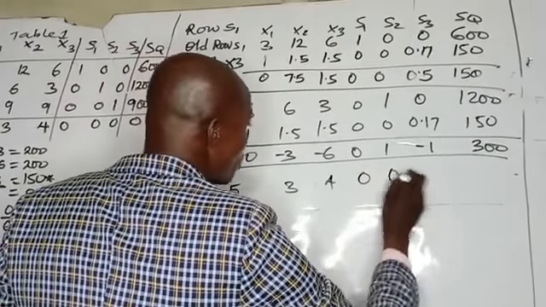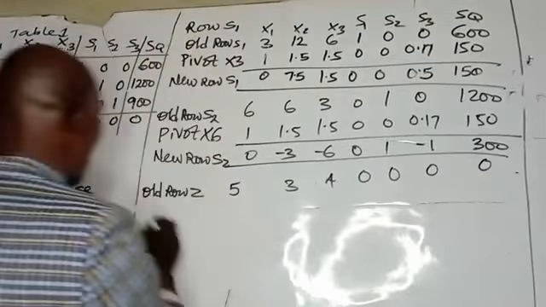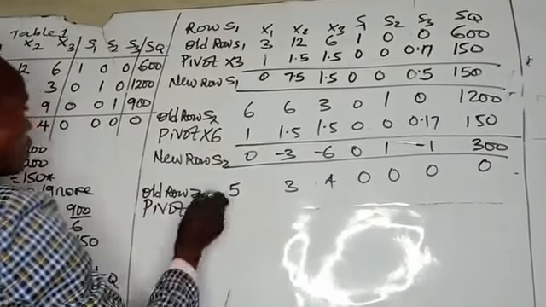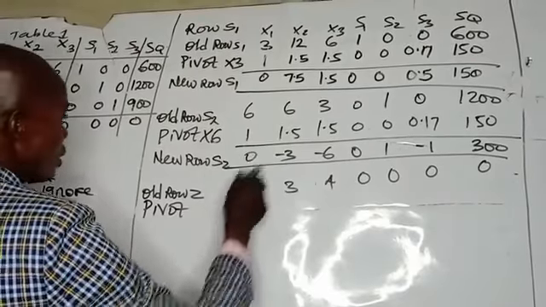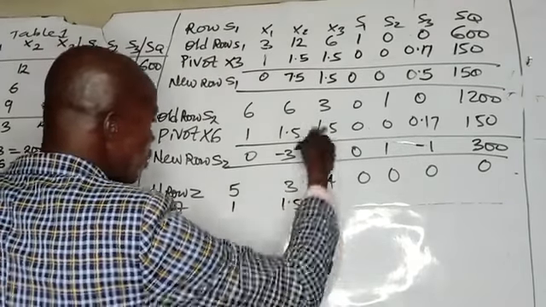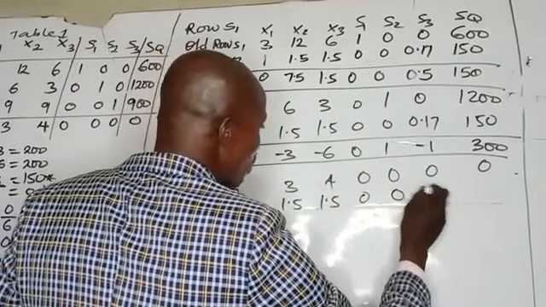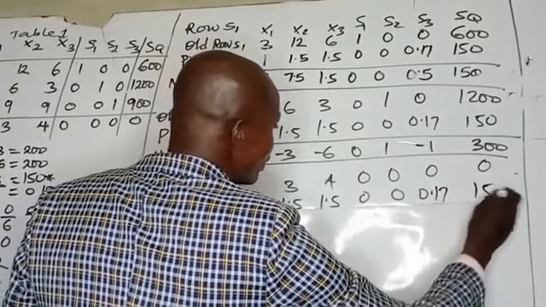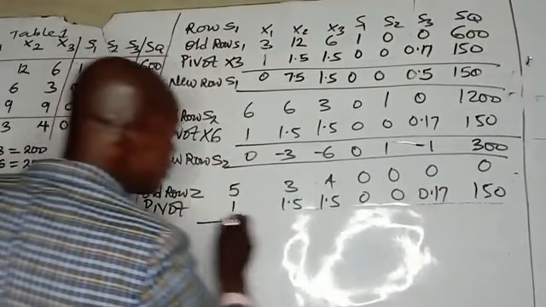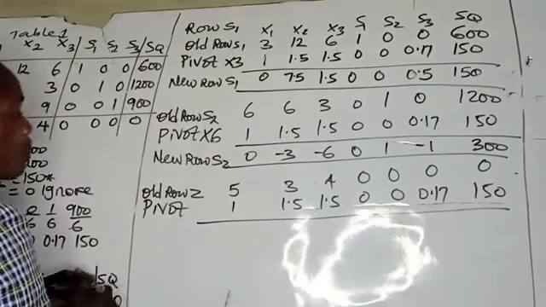Our pivot row is 1, 1.5, 1.5, 0, 0, 0.17, and 150. Now, this one is the pivot element.